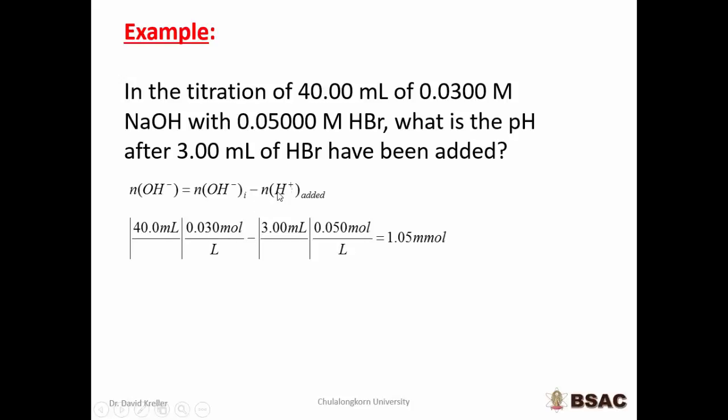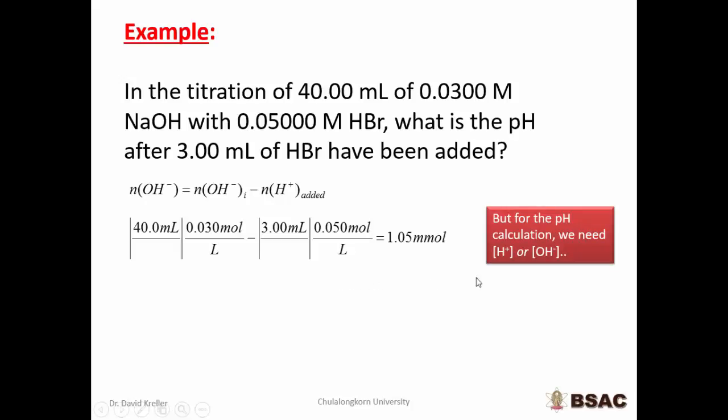Then subtract the number of millimoles of hydrogen ions. After 3 mL, for example, have been added, 3 mL times 0.05 molar gives the number of millimoles added. Once we subtract that from the initial millimoles of hydroxide, we get 1.05 millimoles in this example.